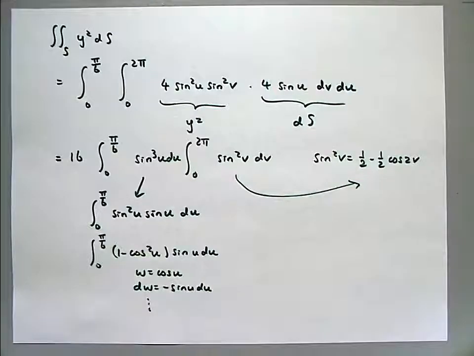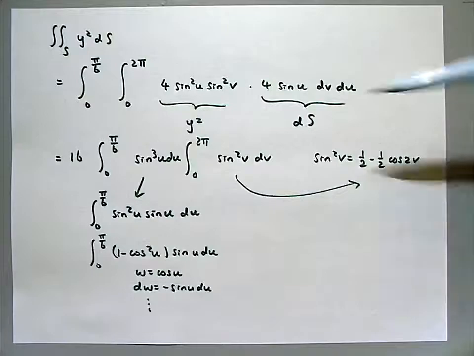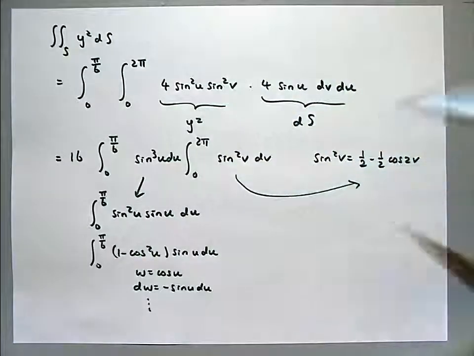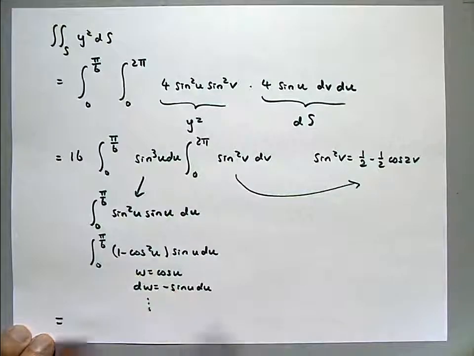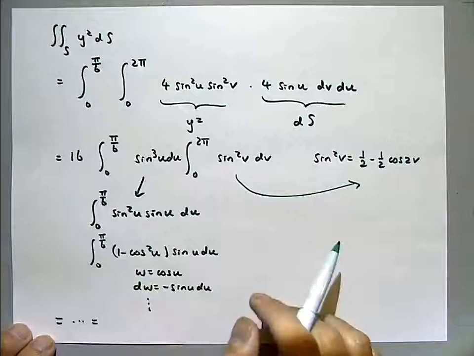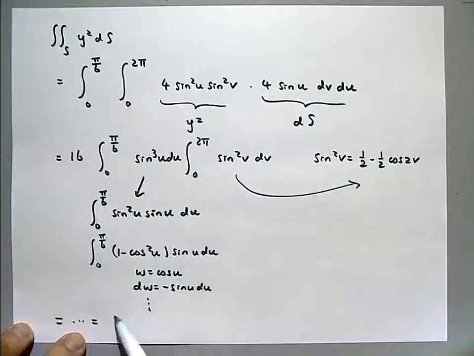So that's how you handle that first integration here with respect to u. Second integration is this one. That's not difficult to do. Neither is that once you do the substitution. So after all of that, which we're going to skip, you get 32 over 3 minus 6 over radical 3. And it's a really stupid looking number, but it is what it is.